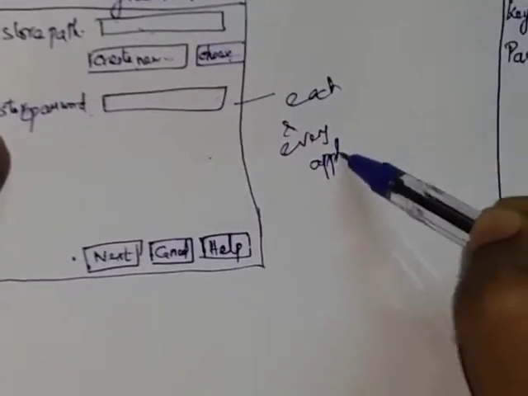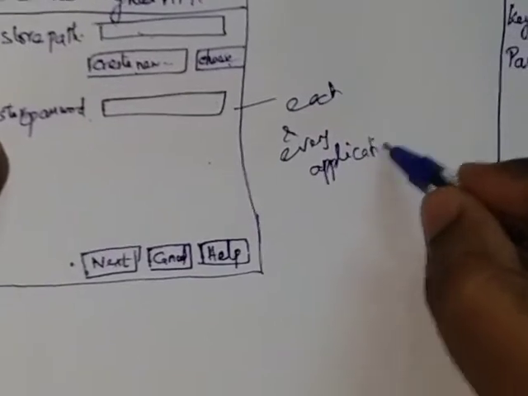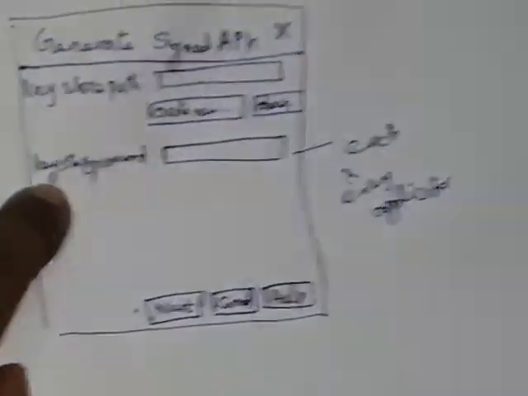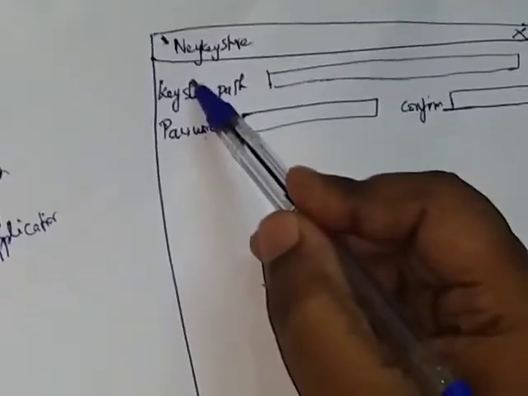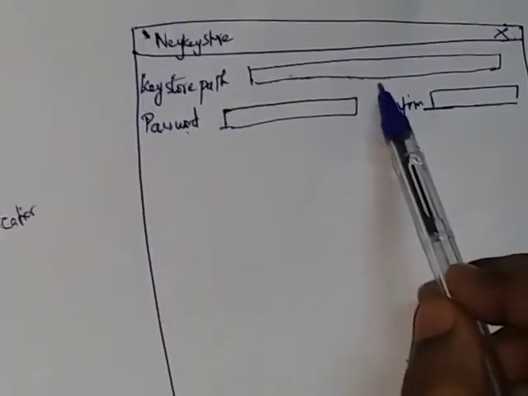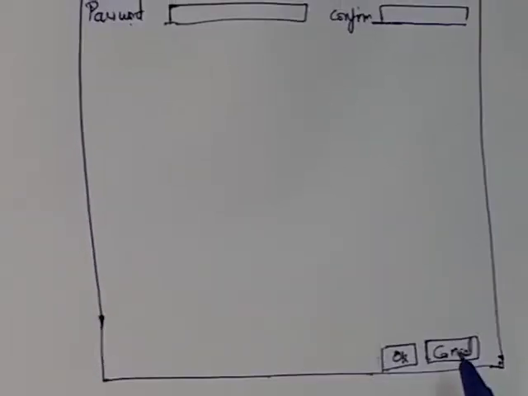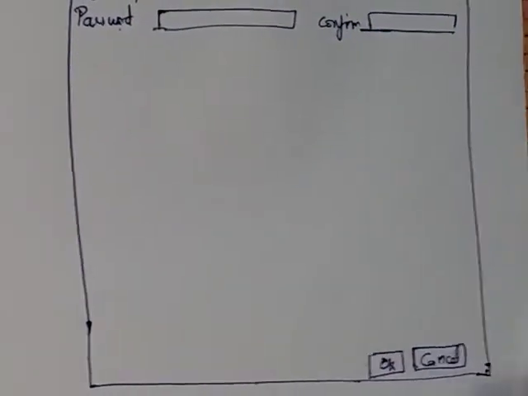When we create a key store path for the first time, we have to go to the key store window and click Create New. When the key store window appears, we have to enter the details there. There will be many other details also, like name and alias name. After creating the new key store path, we press OK.